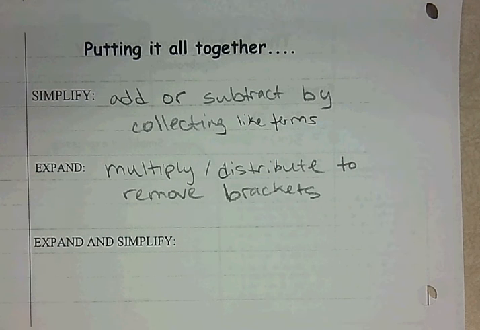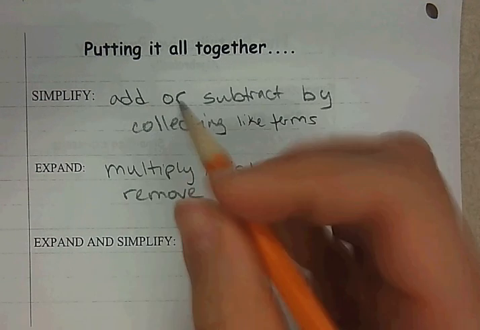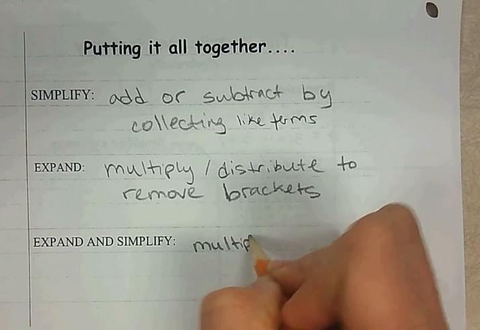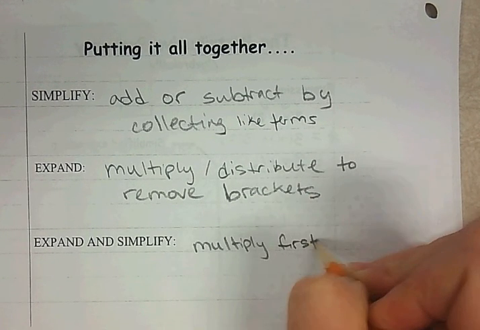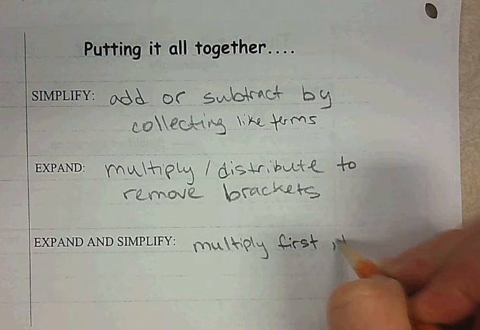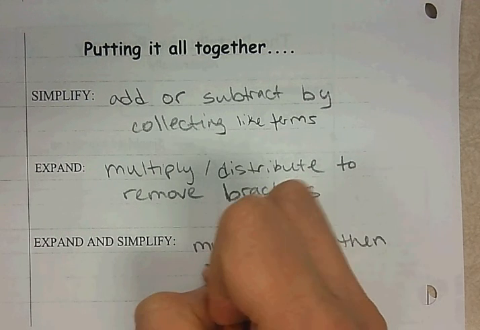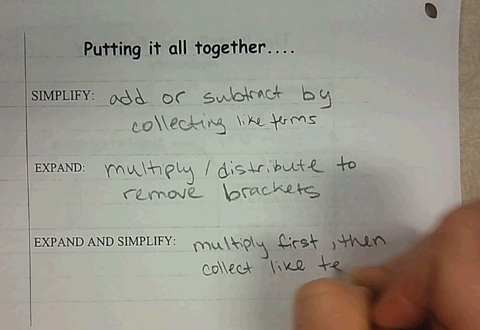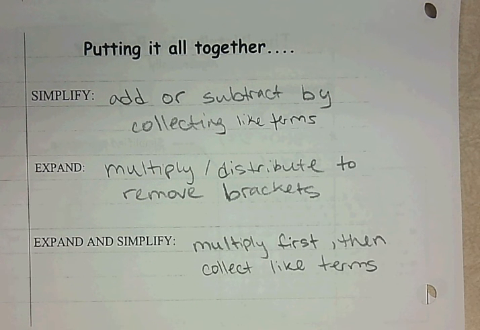That allows us to simplify further. And expand and simplify, as you'd imagine, is to do both. So we multiply first, then collect like terms. Simplify is add or subtract, expanding is multiplying, and expand and simplify, we do multiplication first and then adding or subtracting.